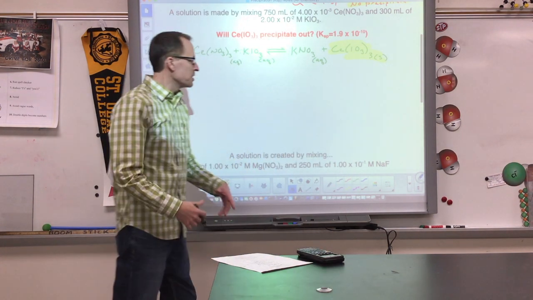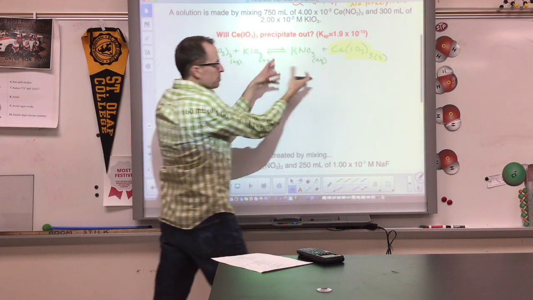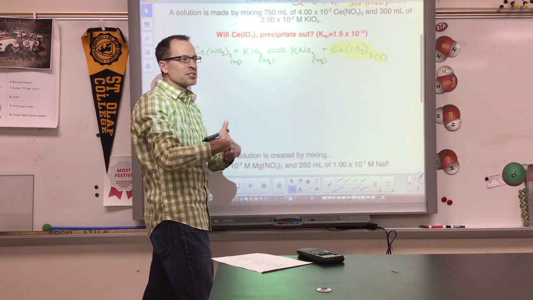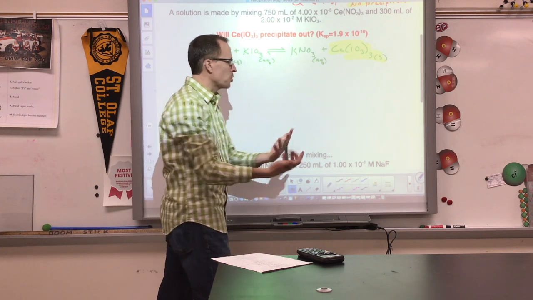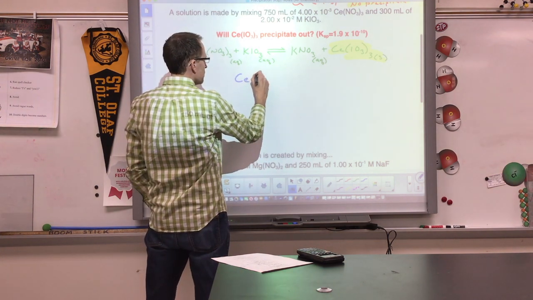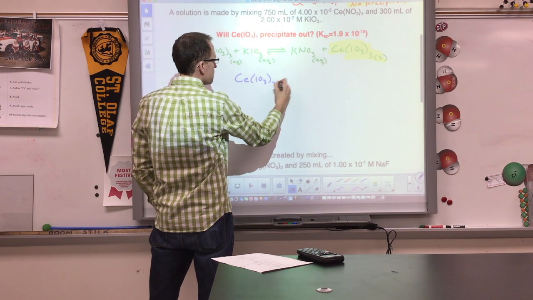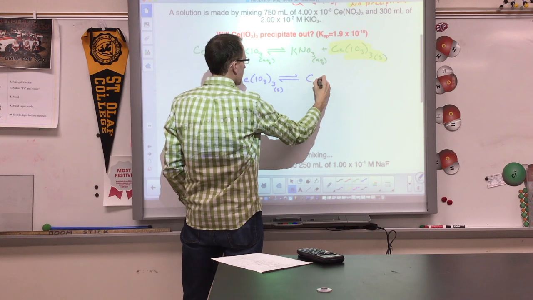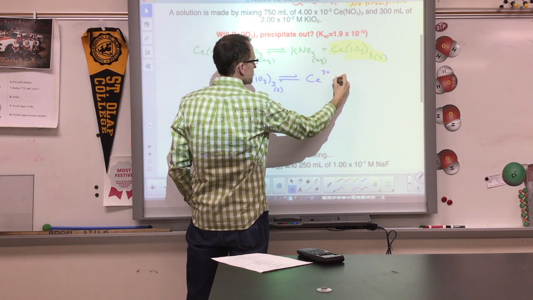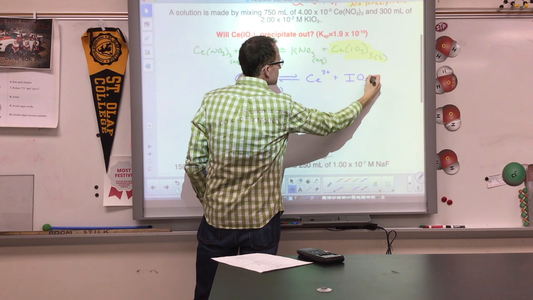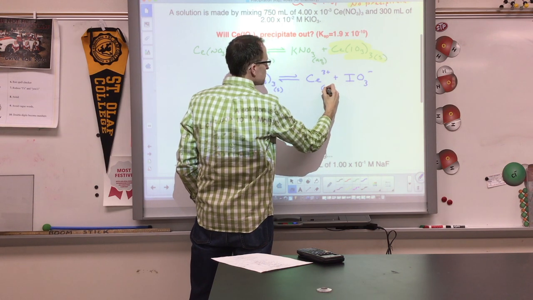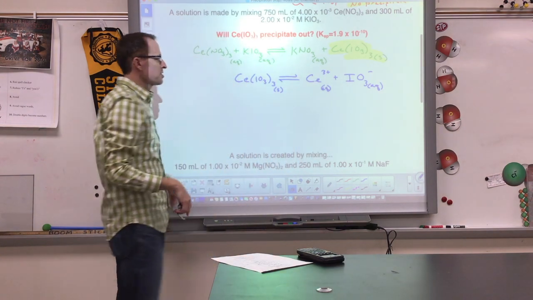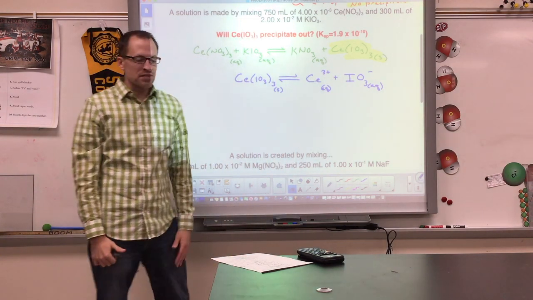So we take that and plug it into our solubility product, our salt dissolution balanced equation. I focus on this right here: how much of this is actually going to occur?